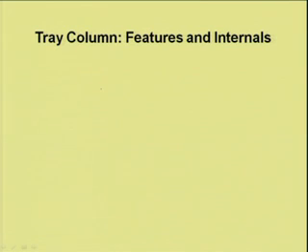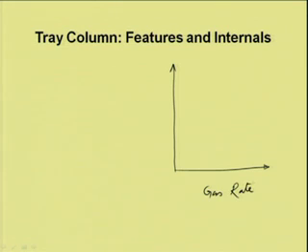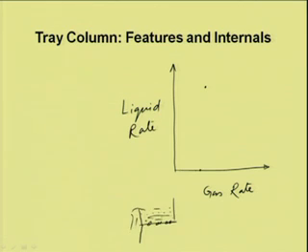Depending on the gas and liquid rate, if we plot gas rate and liquid rate for a particular plate, if the gas rate is low and liquid rate is high, some of the liquid will channel or pass through the holes.